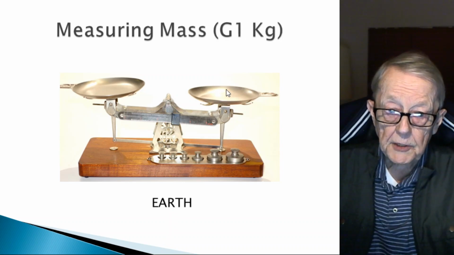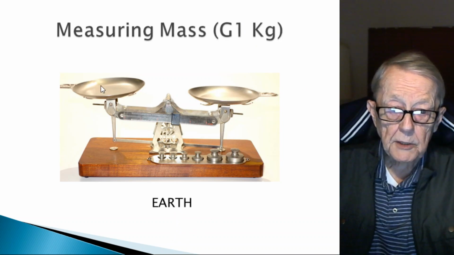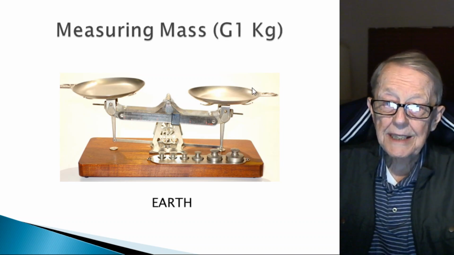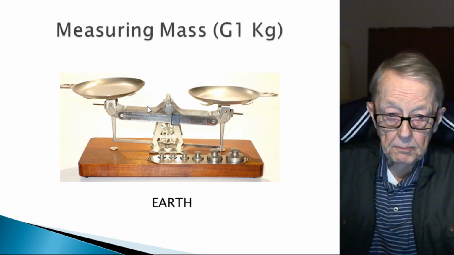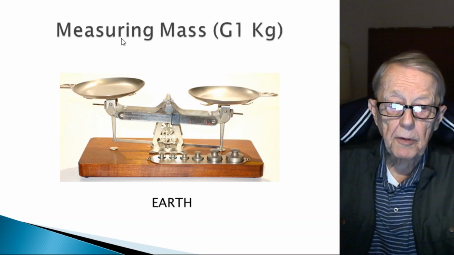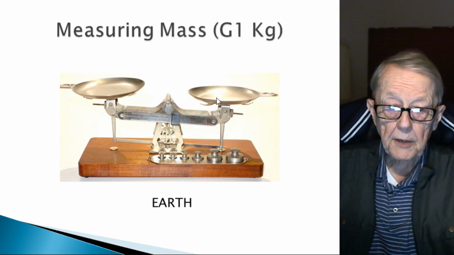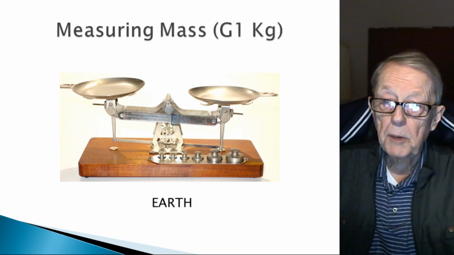The force on the standard is the same as the force pushing up. And in fact, when it's balanced, these two forces are the same. And the force on the Earth is the sum of the force on the salt plus the force on the standard. That's how we measure it.